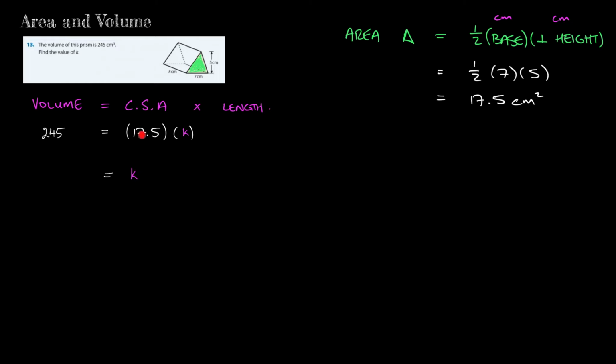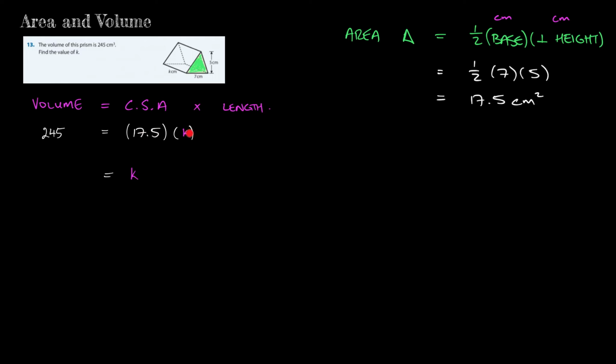When I have 17.5 in brackets next to K in brackets, I'm multiplying those two terms. So at the minute, I'm multiplying K by 17.5.